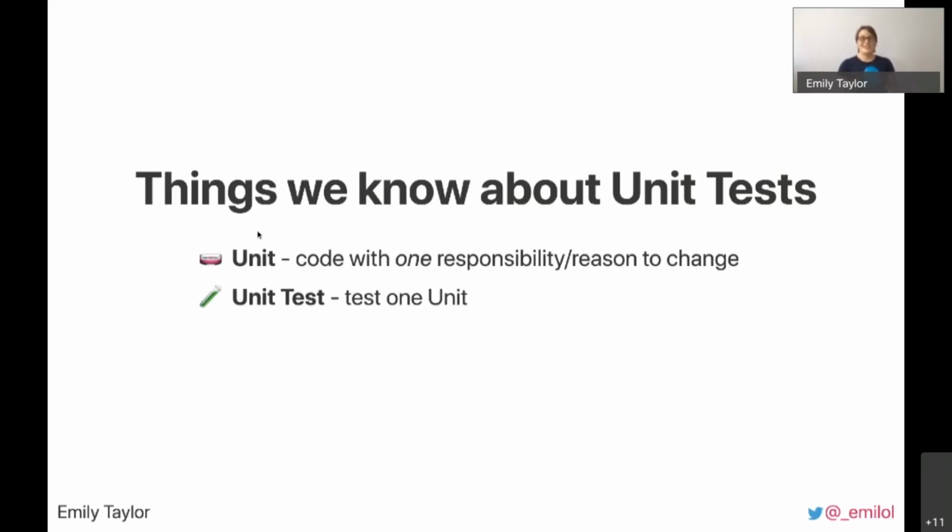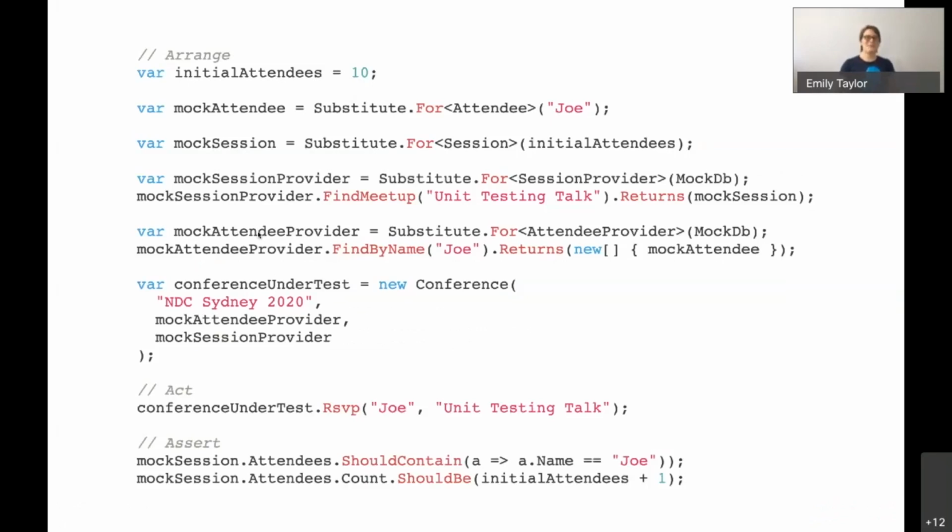And then a unit test is just simple. It's something that tests that one unit. And we have mocks, things that isolate our unit under test, which is important because we want to test that one responsibility or one reason to change.